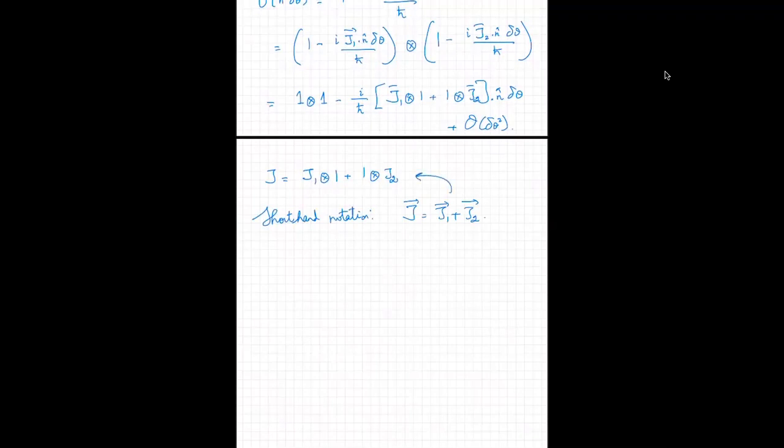Of course, it is cumbersome to write this down every time, which is why people simply write J equals J1 plus J2. It turns out that all the usual manipulations, figuring out commutation relations, etc., can be done by simply using this shorthand notation. I'll demonstrate why the shorthand notation is useful in just 1 minute.